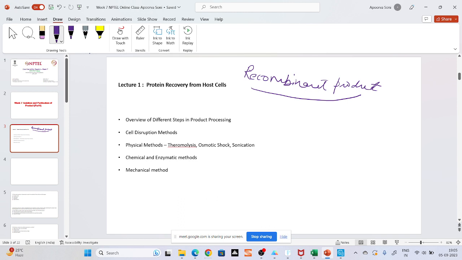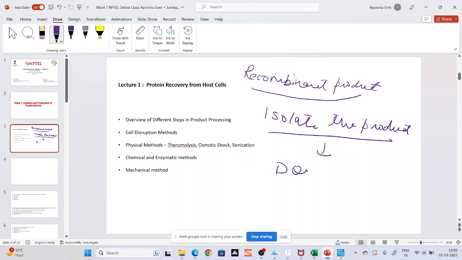Now my next task is to isolate the product. For the isolation of the product, all the steps that I will be doing are known as downstream processing.